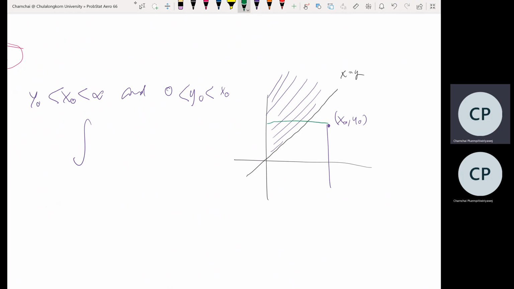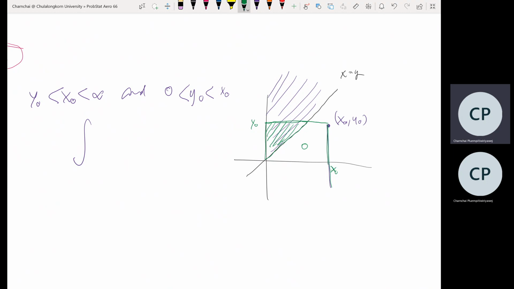So if you integrate from negative infinity, we only integrate this area, because the outside here is 0. Okay, so this is our y naught, and this is our x naught right here.